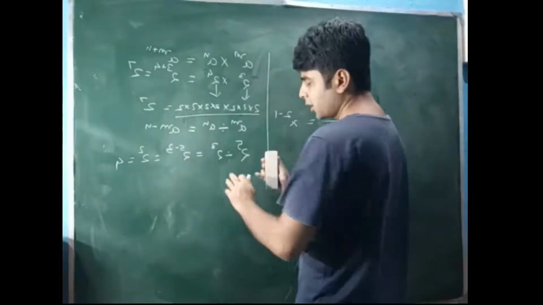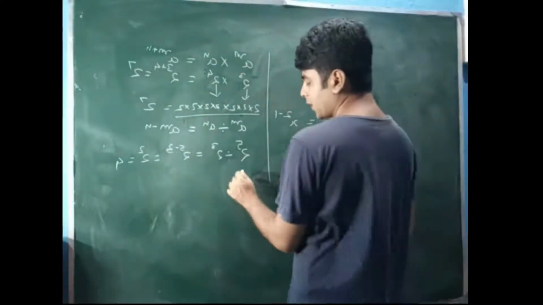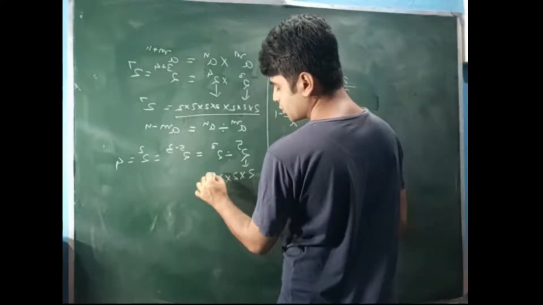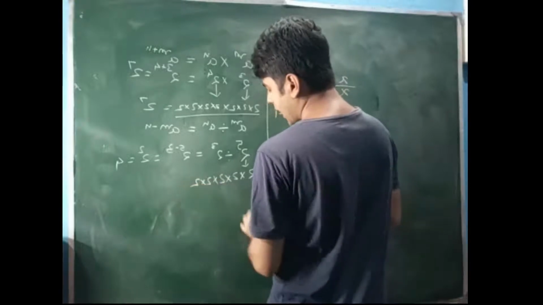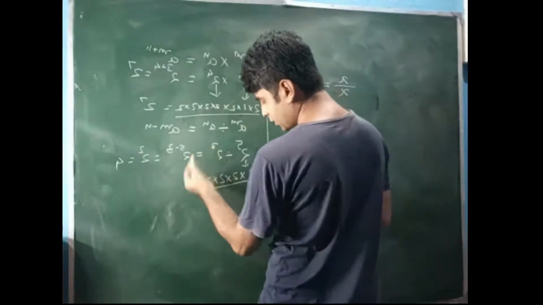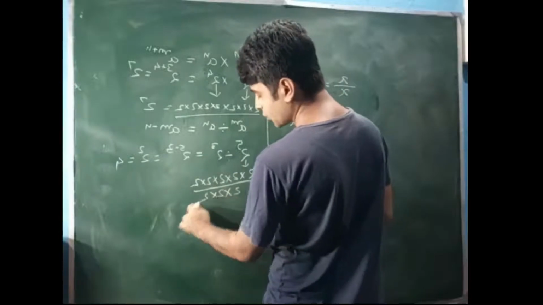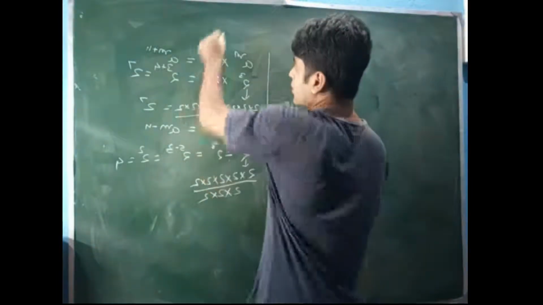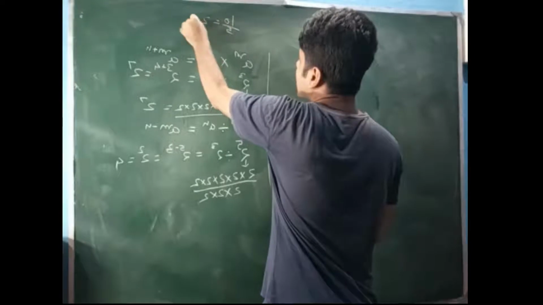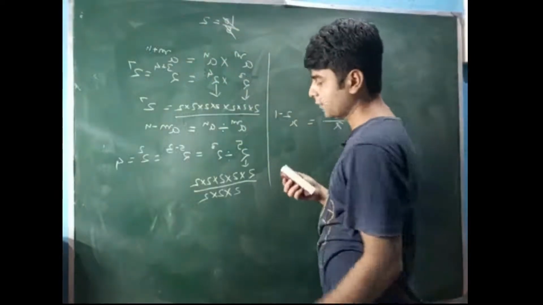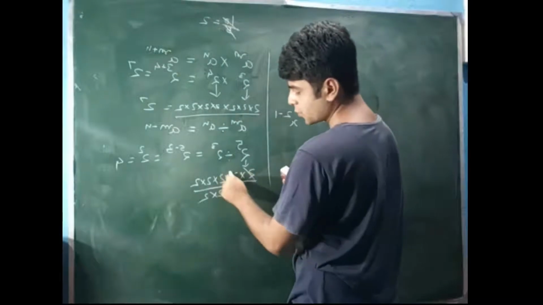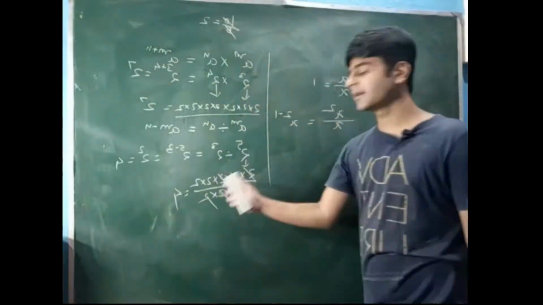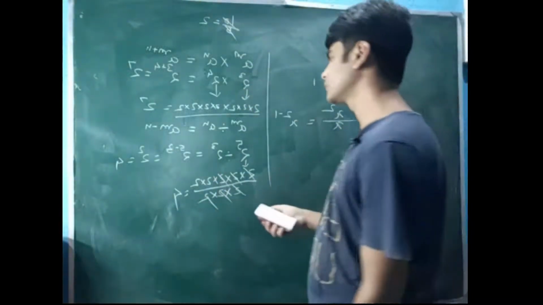But does it still make sense, right? 2 to the power 5 is basically 2 into 2 into 2 into 2 into 2, and then we are dividing it by 2 to the power 3, which is basically a multiplication of three 2s. Now we can cancel out, obviously, right? It's like 10 by 5, we can cancel it with the 5, so we get 2. Here also we cancel three 2s, and we get 2 into 2, which is 2 square or 4. So that's the reason why it happens, right?